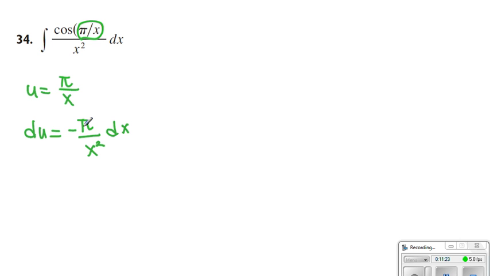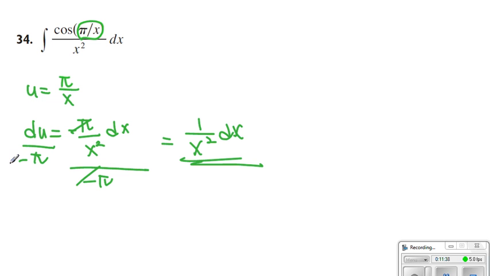Except for negative pi, so we're going to divide each side by negative pi, because that's what we don't see. We end up getting 1 over x squared dx. That's exactly what we see over here.